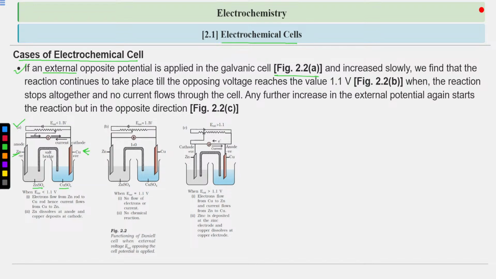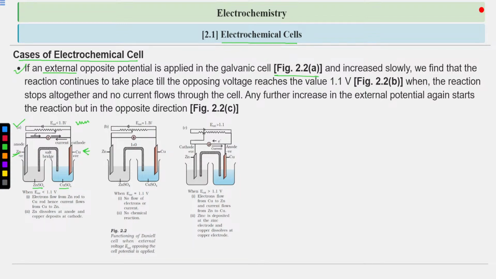A salt bridge connects these two solutions to maintain electrical or ion neutrality between them, and the anode and cathode are connected with this circuit. This is the potential, depicted by this arrow.